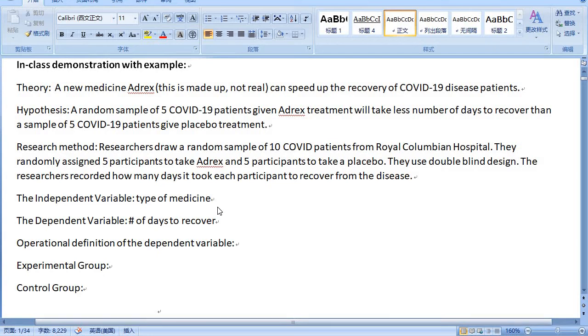Operational definitions of the variables are very important because you want other people to repeat your experiment. If other researchers can repeat your experiment and consistently find the same results as you do, then you have strong support for your hypothesis.